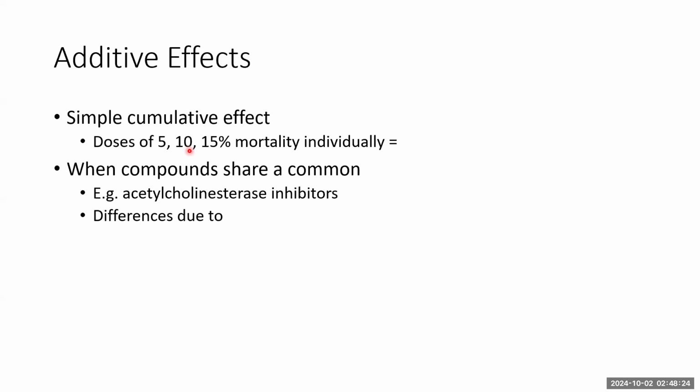And then we similarly add to this some concentration of compound B that gives us an LD of 10%. And we add to this compound C at some concentration that gives us a lethal dose of 15%.